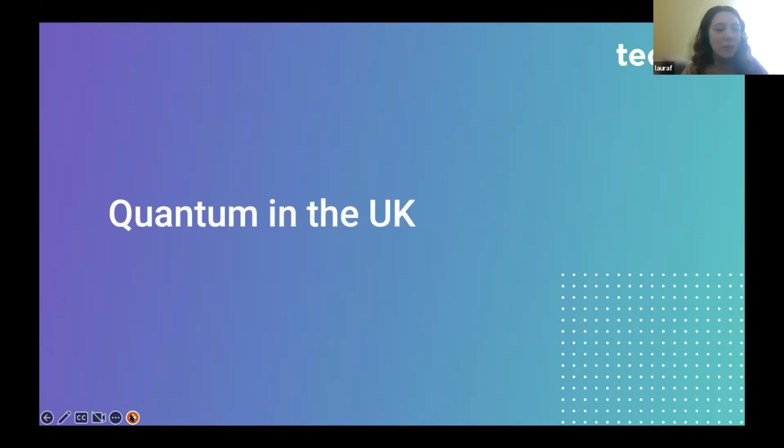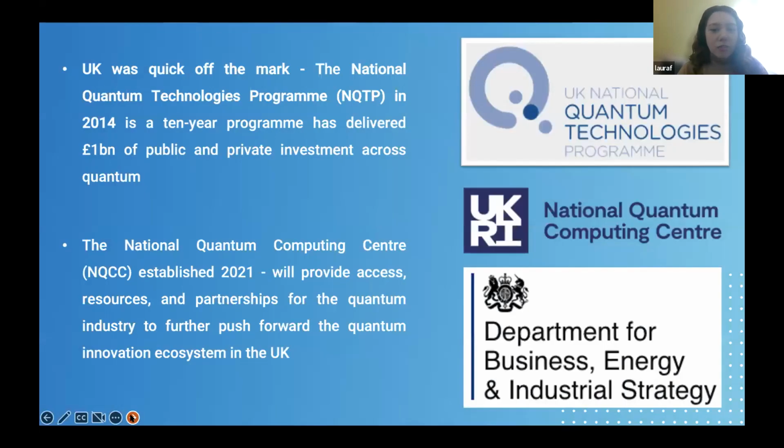So what is actually happening with quantum in the UK? So as the next slide will show, we've had quite a lot of government backing of quantum technologies in the last 10 years or so. And both the UK Innovation Strategy and the Integrated Review, these are 2 thought leadership pieces, strategy policy documents from UK government, both underpin the importance of quantum as a strategic technology for the UK's innovation ecosystem.